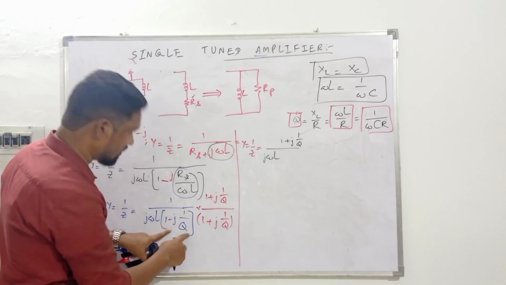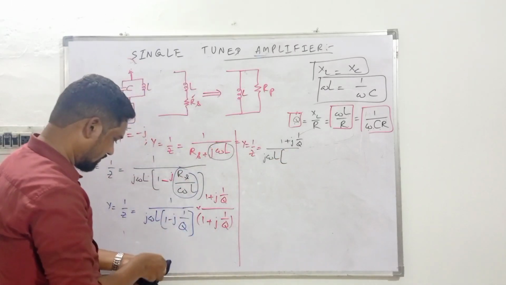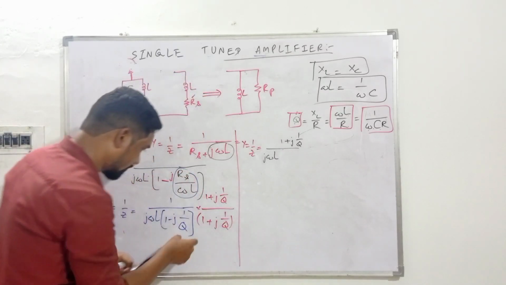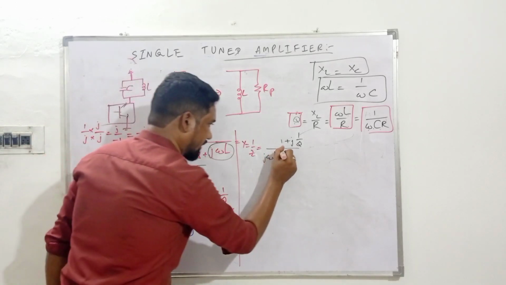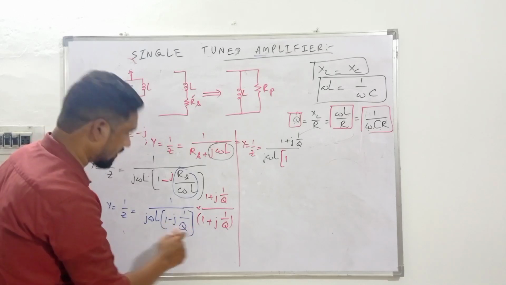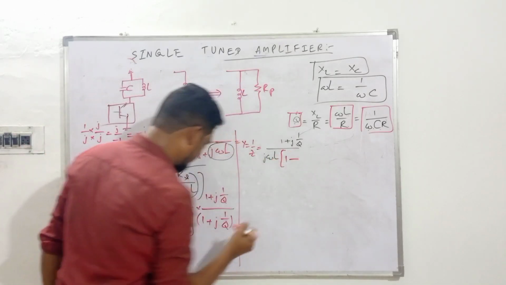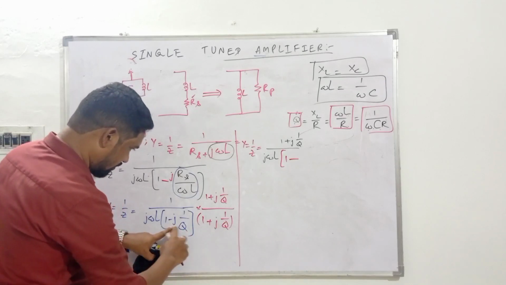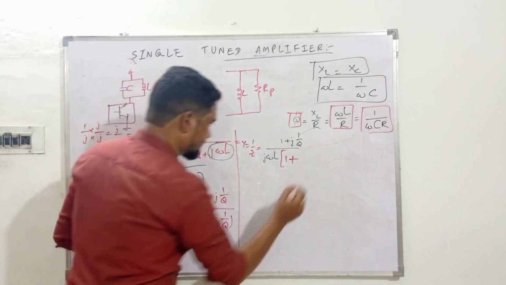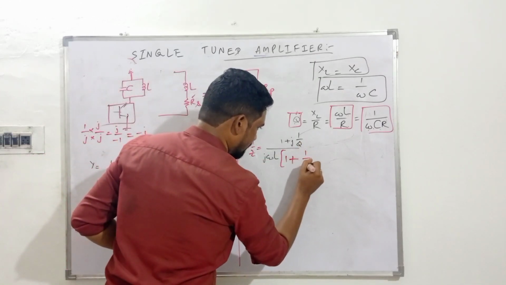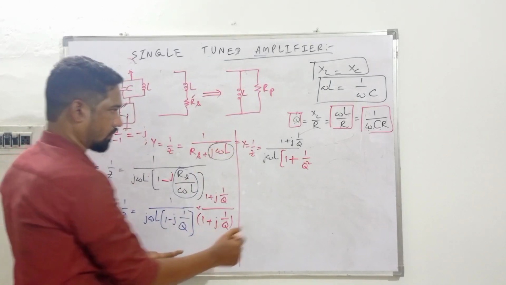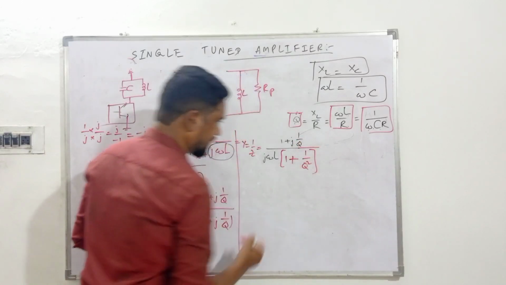So a square minus b square: 1 square, minus j into j which is negative 1, so that negative and this negative become positive, giving 1 upon Q square. This is the reduction over here.